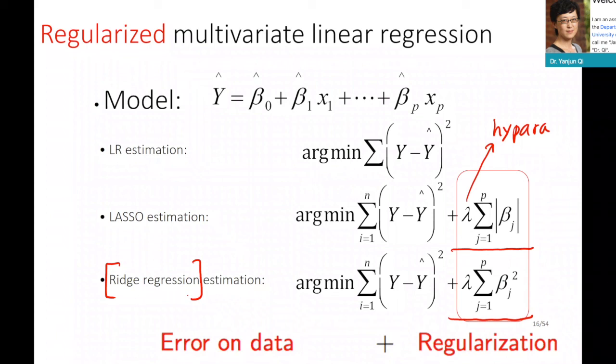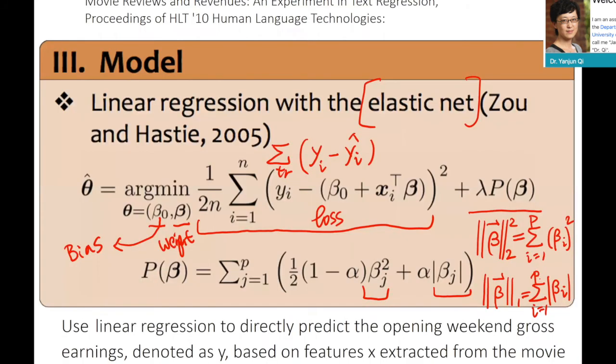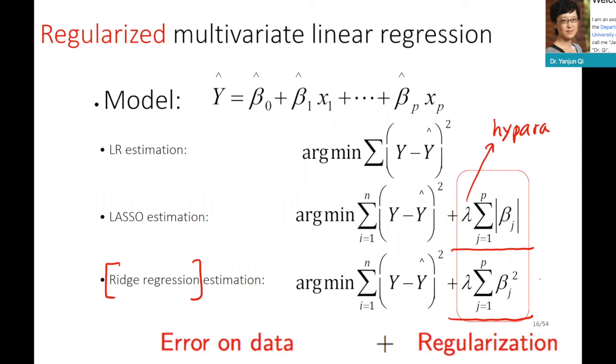If there's only L1, it's called lasso. If there's only the L2 norm of your weight vector as a penalty, it's called ridge regression. And if there's a weighted sum, as you already know from the previous page, this is called elastic net regression, which we will not cover. We will cover the individual ones and how to solve them in this lesson.